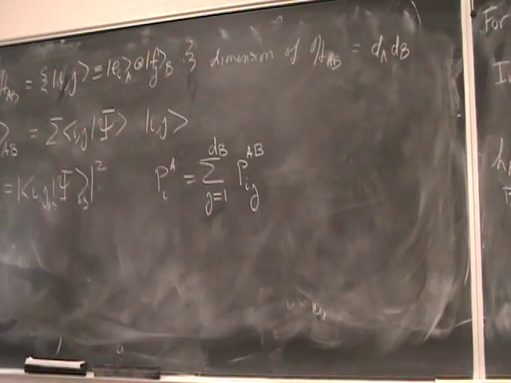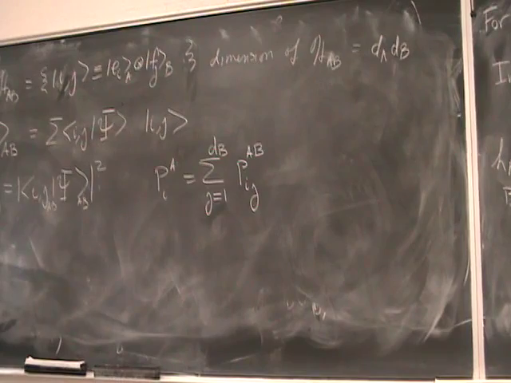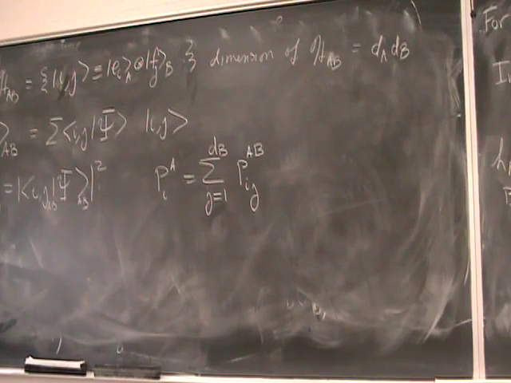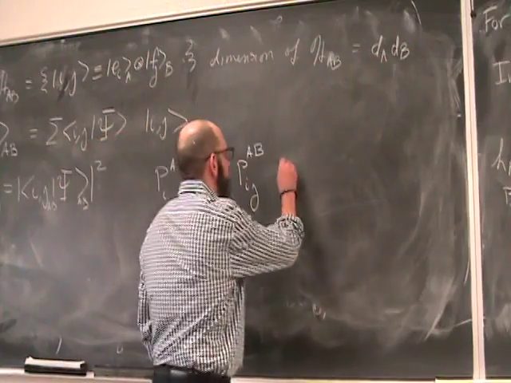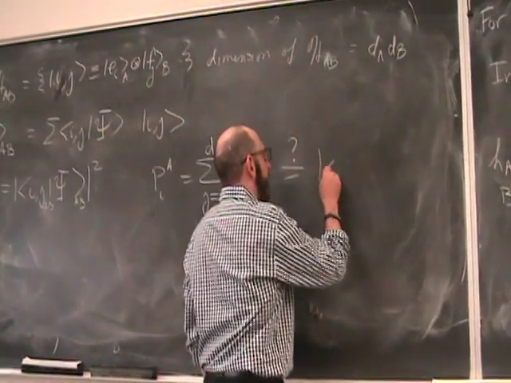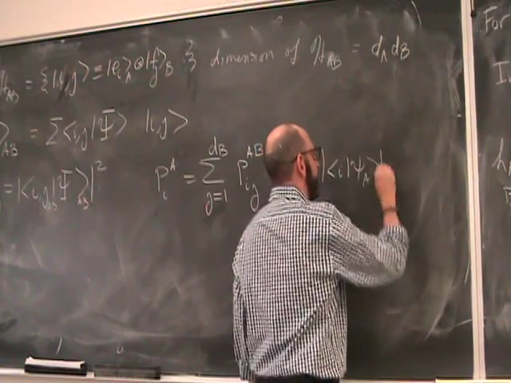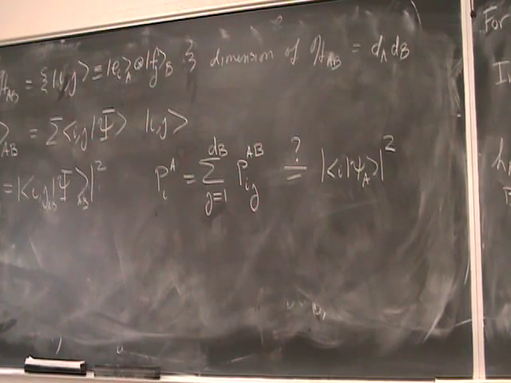Now, as we said in the context of the wave function picture, the question is: if the joint state of the system is a pure state of this kind, when can I think of this as equal to the probability amplitude squared of some state? When is that true?